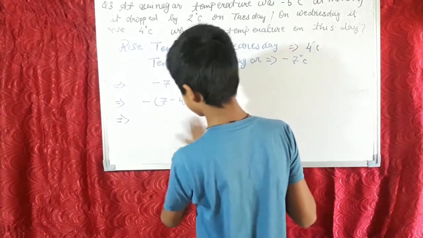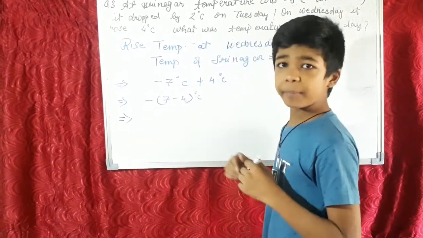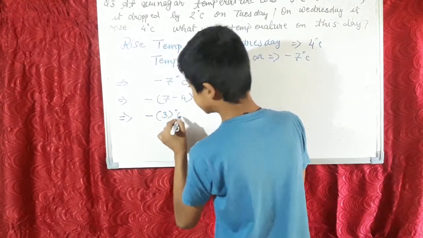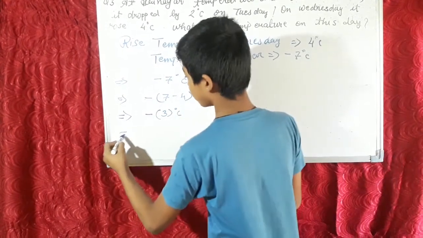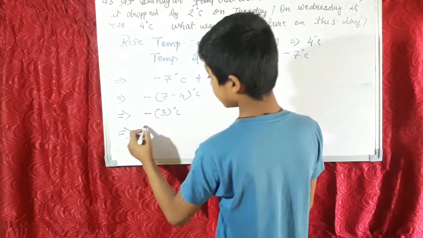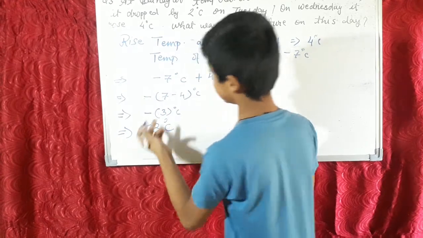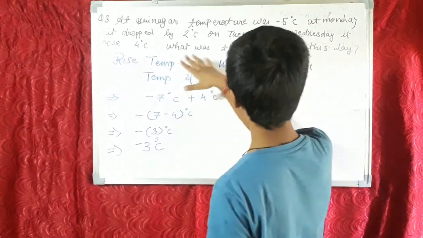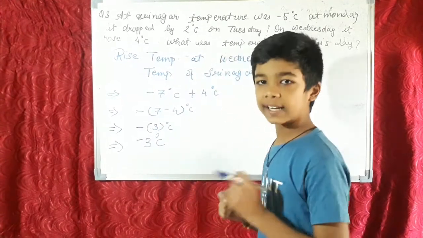So we will write this. 7 minus 4 becomes 3. So then if we multiply with the minus, it becomes minus 3 degrees Celsius. This is the answer. What you have to write at last: minus 3 degrees Celsius was the temperature on Thursday.